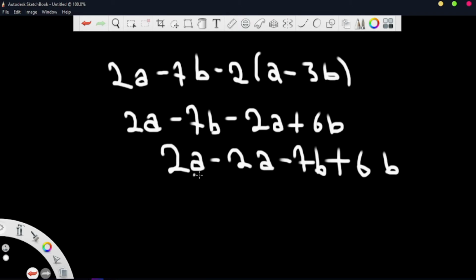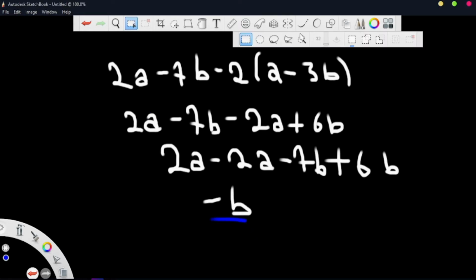So 2a minus 2a, that is 0, and then we have negative 7b plus 6b. So we subtract this and take the sign of the bigger number. 7 minus 6, that is 1. The biggest number is 7, and it has a b, so we're going to have a minus b. So this minus b is our answer.